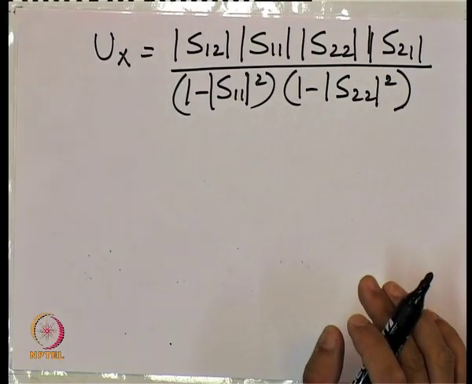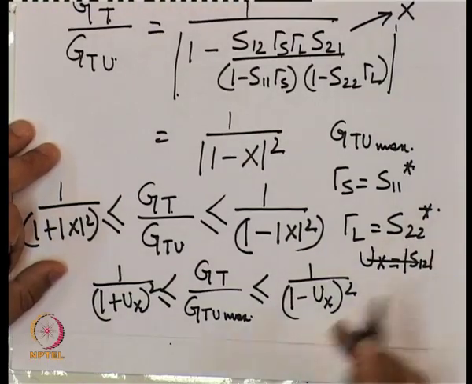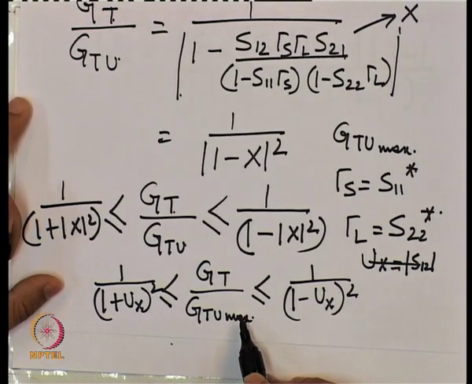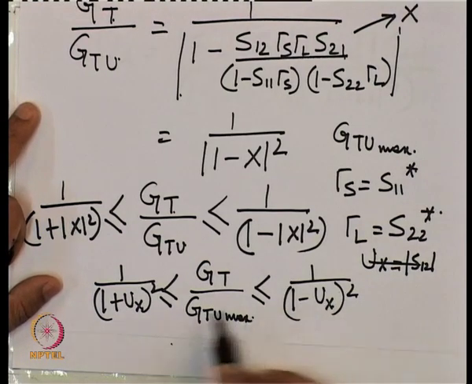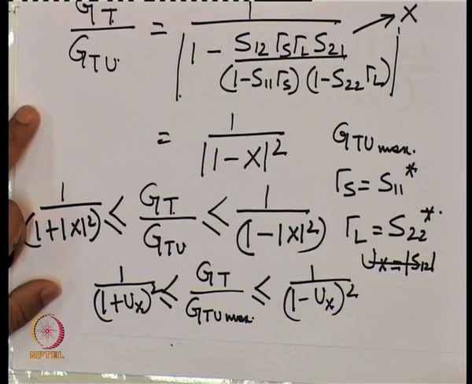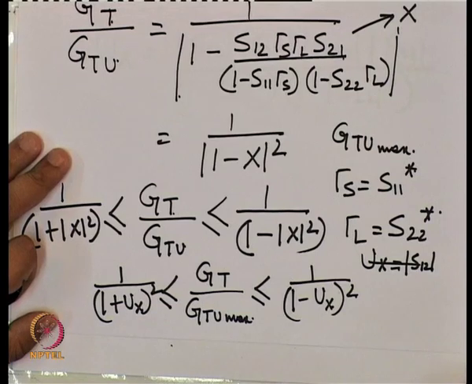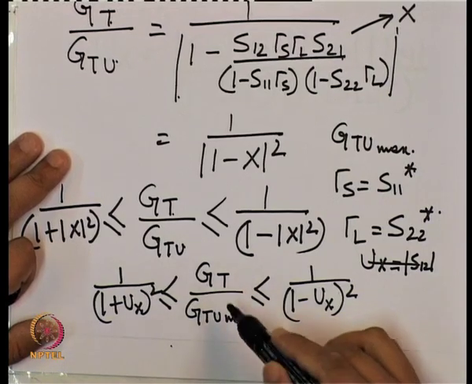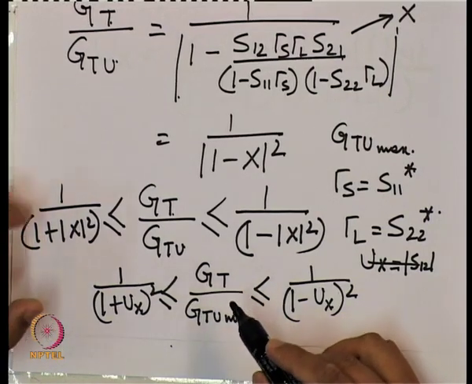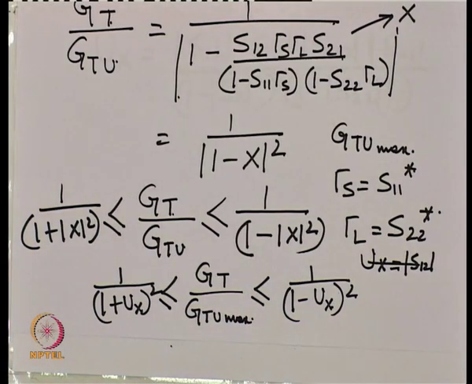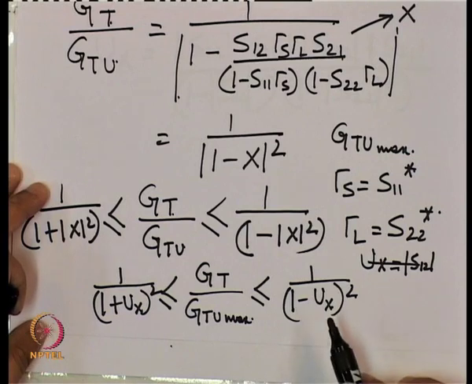So, this GT upon GTU max should be between this range, and whether or not for a particular GT we can make this approximation depends on this value of ux.